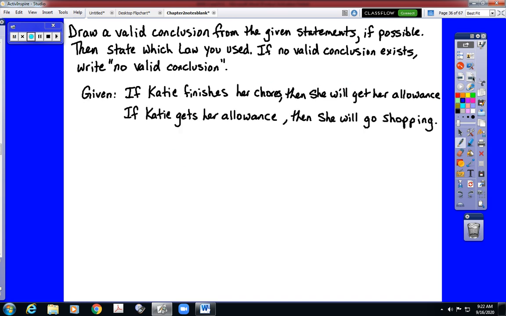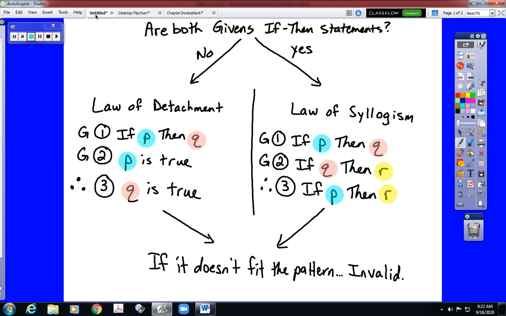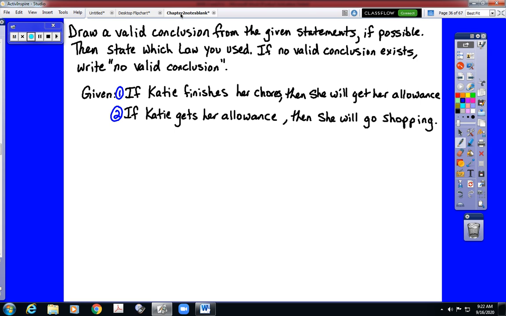Next example, and I believe the last example for our video today, we have two givens, once again, 1 and 2. So we ask ourselves, are those givens if-then statements? And they are. Both are if-then statements, which means we're checking the law of syllogism. Okay? Because both statements are conditional statements.